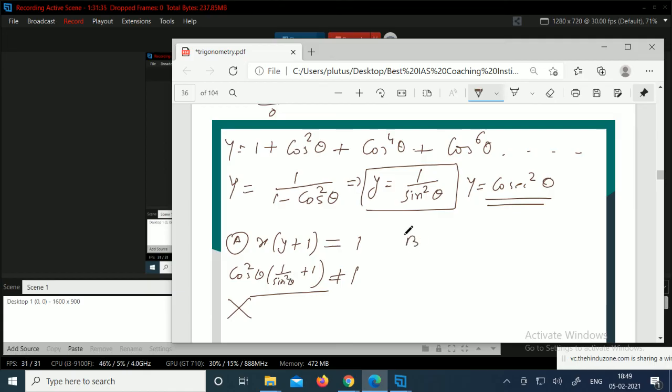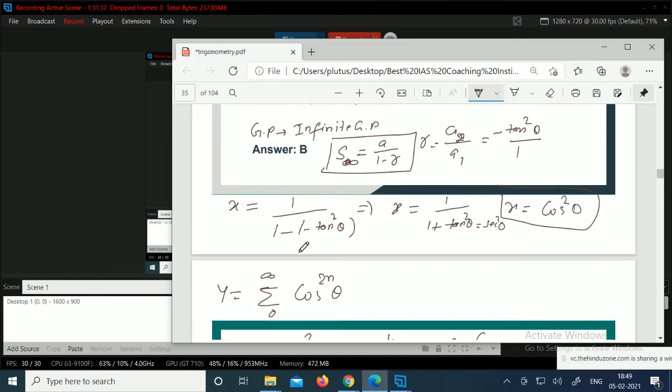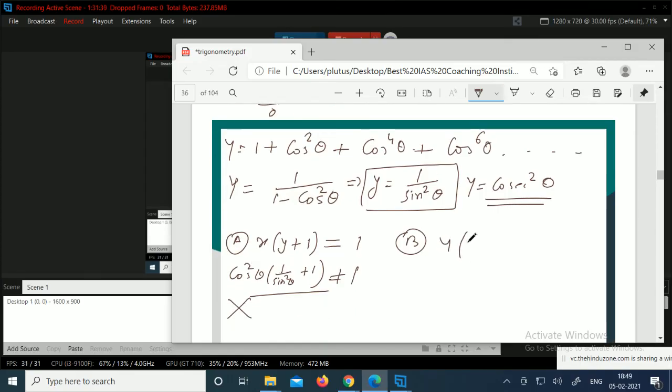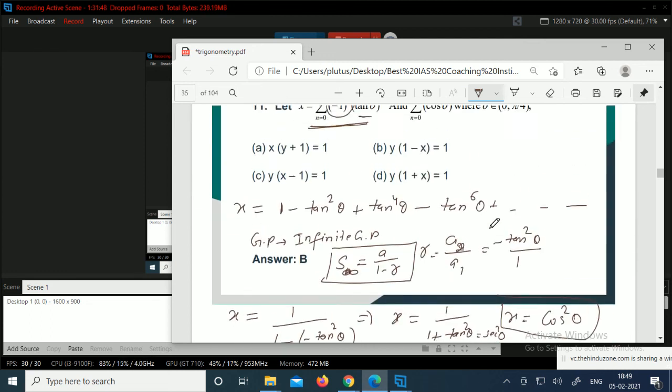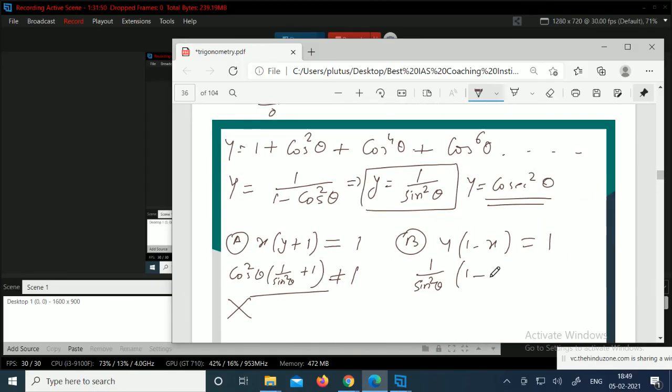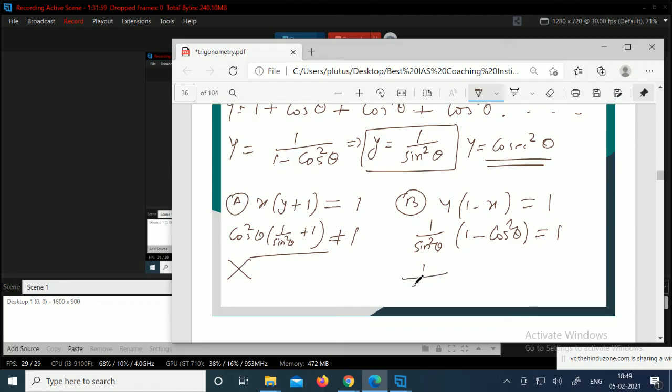If I check option B, then option B is y into 1 minus x equal to 1. So what is the value of y? The y value is 1 by sine square theta, and 1 minus x value is sine square theta, 1 minus cos square theta.